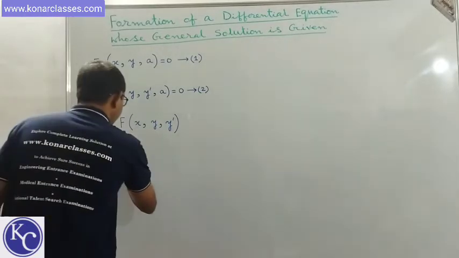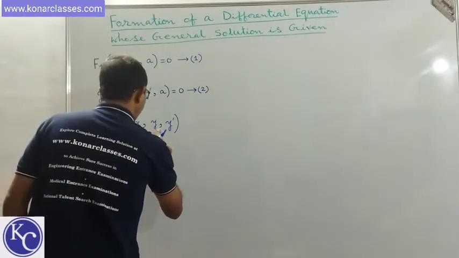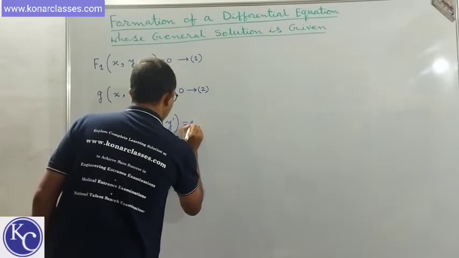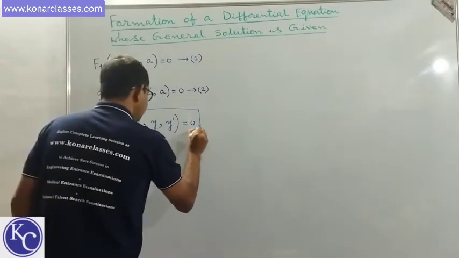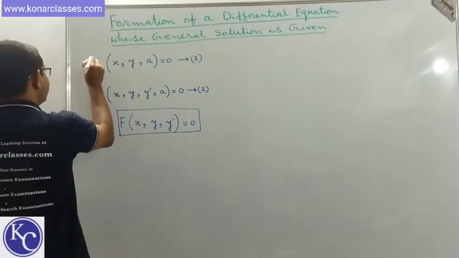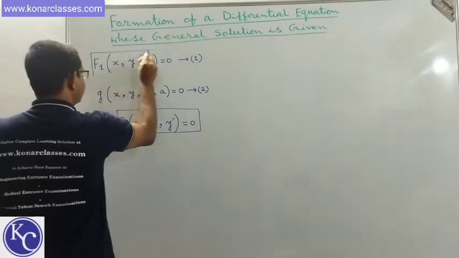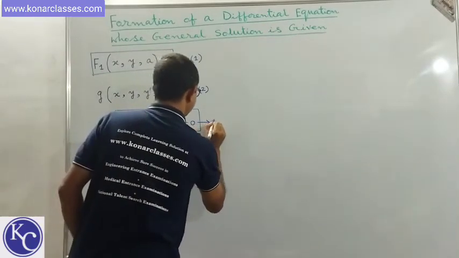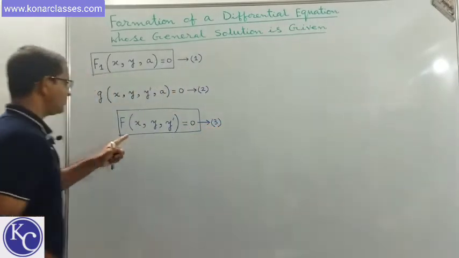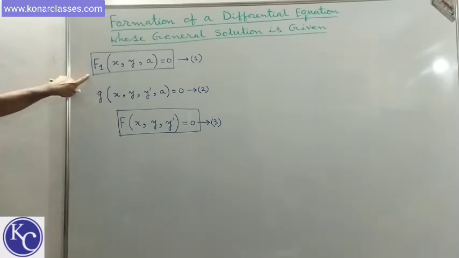That means it is a function containing x, y, and y dash, that is dy/dx, equal to 0. And this is the differential equation whose general solution is equation 1. Correct? Sure. We can say equation 3 represents the differential equation for the equation whose general solution is equation 1.